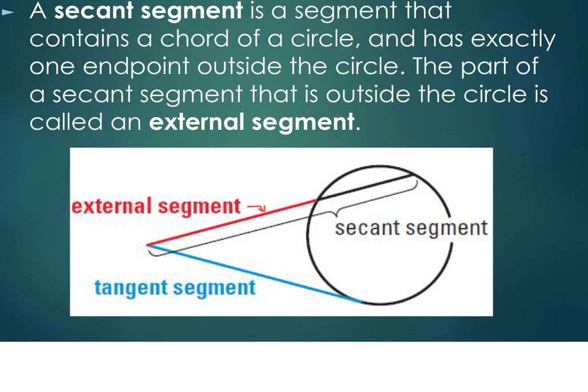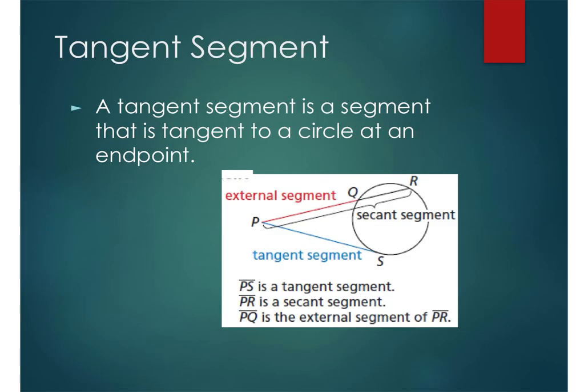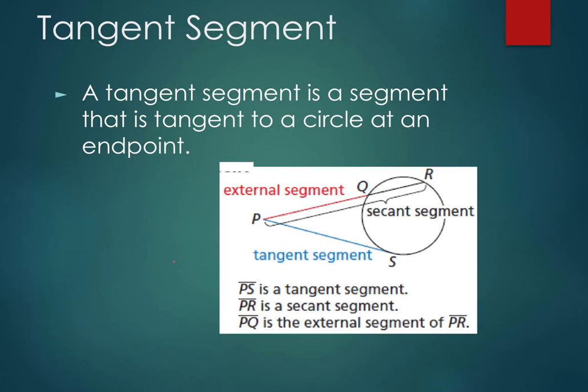Down below, that blue one is the tangent segment, okay? Remember, tangent segments only cross the circle at one point. Secant segments cross it twice, all right? A tangent segment is a segment that is tangent to a circle at an endpoint. So the tangent segment technically is always external.